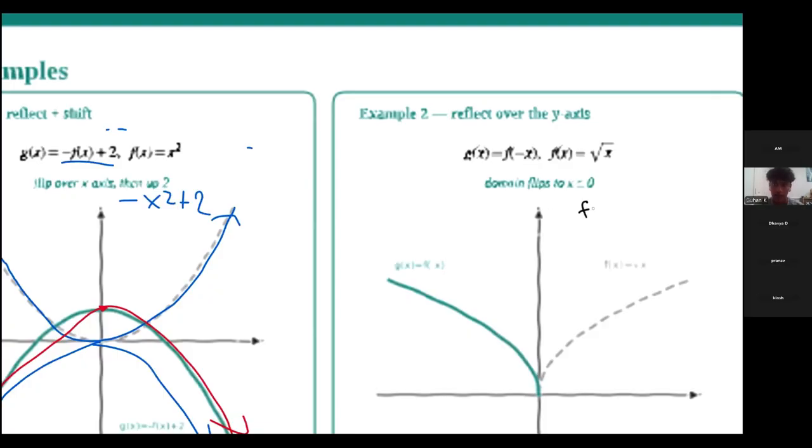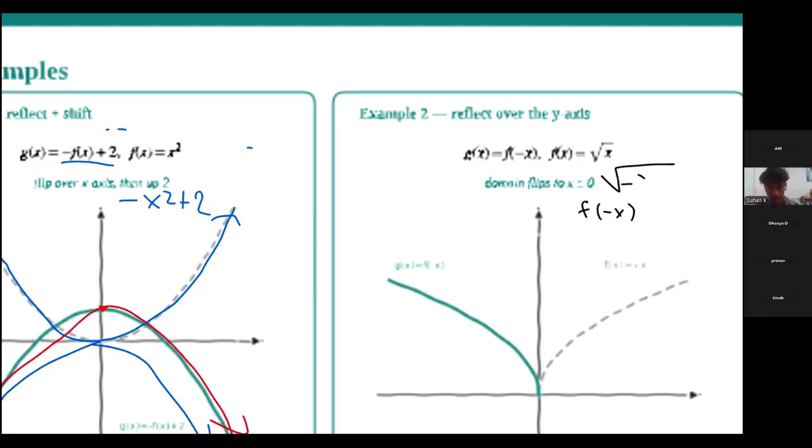And since f of x equals square root x, we're just going to put root, and then, no, sorry, since it's f of negative x, we're going to put negative, and then we're going to replace the x with what that is. So it's going to be root of negative.